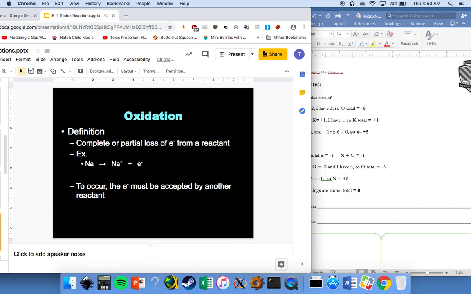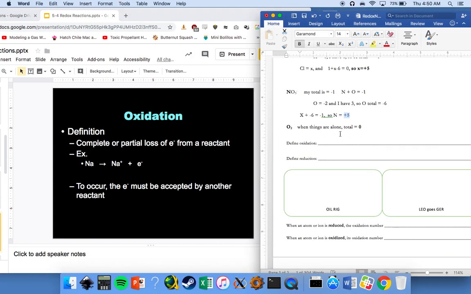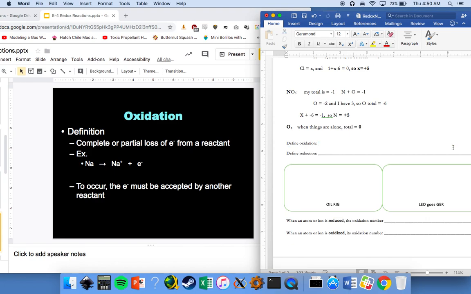Where we're going here, I'm going to make a couple of definitions before you leave, to understand why these changes are happening. Why am I allowed to get N+5 or Cl+5, or why in certain circumstances do I get numbers that don't make sense to the ion sheet? That's because I've got oxidation and reduction. Oxidation is, as it says there on the left, the complete or partial loss of electrons.